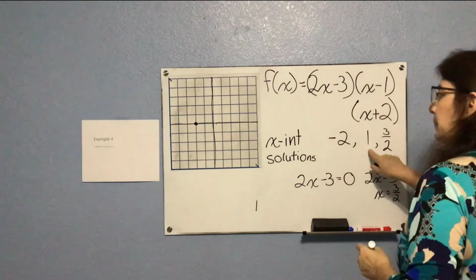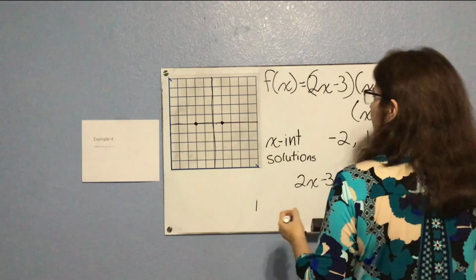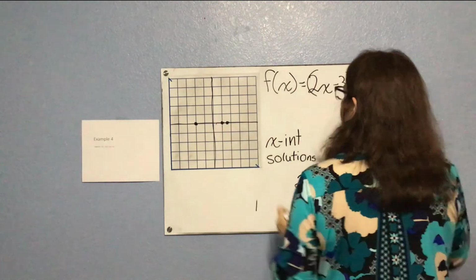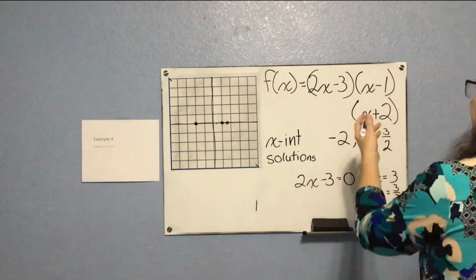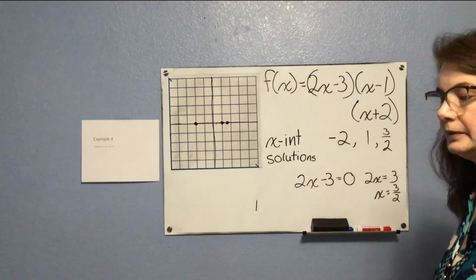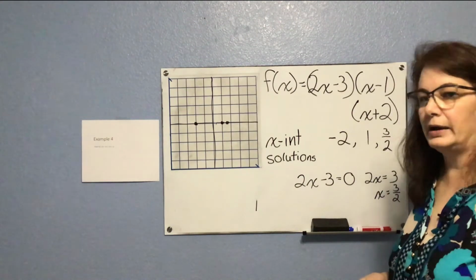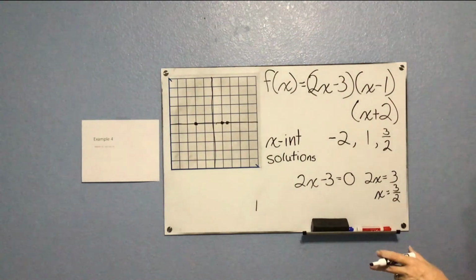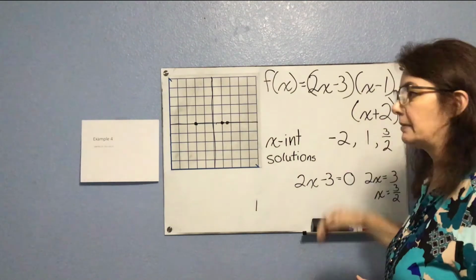My next one is at +1. And then I've got one at 3/2. So those two pretty close together. Okay. How did I know that this was a third degree polynomial? If you don't know that, go ahead and work on checkpoint 3. If you do understand why this is a third degree polynomial, you can skip that checkpoint.